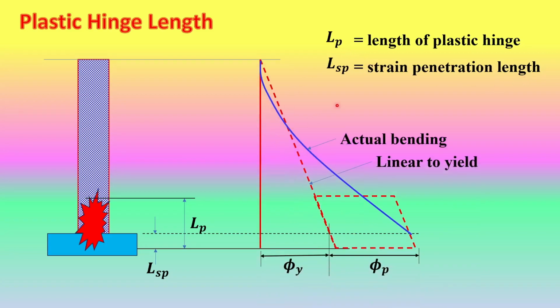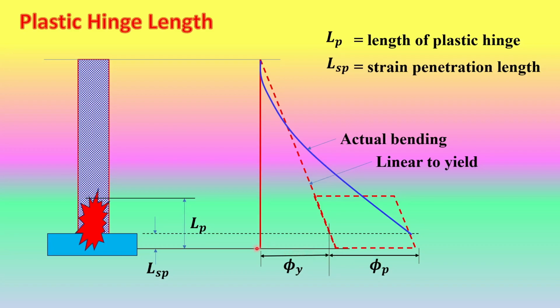Now the bending moment distribution and diagram is like this. The real bending moment is given by blue color, which is parabolic up to the base, and the plasticity expressed in the form of curvature is like this. If you draw a line up to the yield level, the right hand side is the moment curvature diagram.